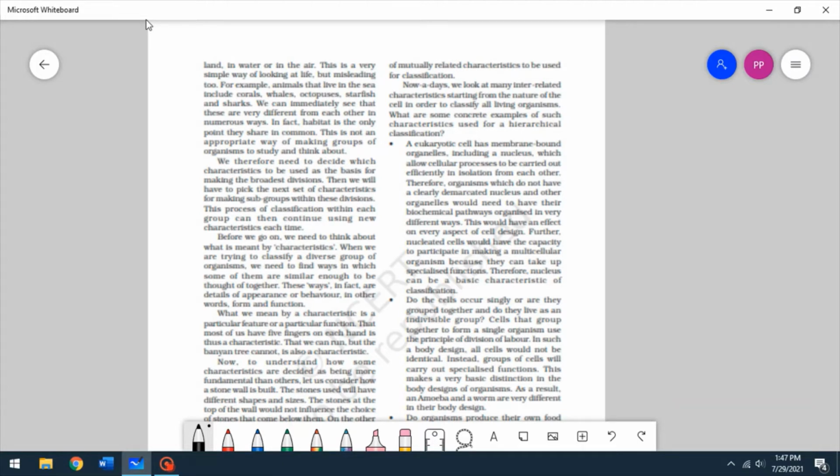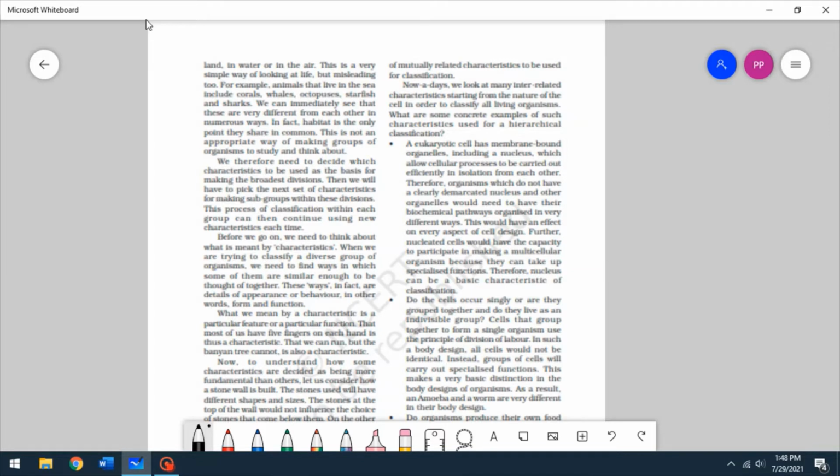Alright, so animals that live in the sea include corals, whales, octopuses, starfish, and sharks. We can see that they're very different from each other. So whales and starfish, the size of a whale compared to that of a starfish, that's very different, right?